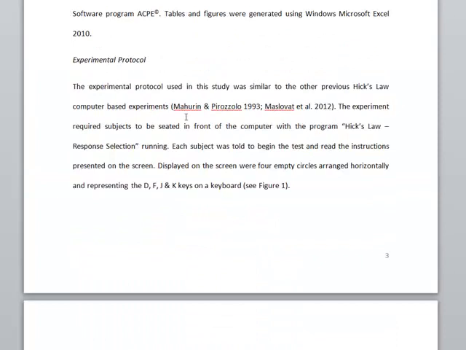The example here we've got in this first sentence says the experimental protocol used in this study was similar to other previous Higgs law computer-based experiments, and it's got two different studies that have used similar computer-based programs. The idea behind doing something like this is to have the reader feeling or showing that you haven't just made up some program that's not a valid method to assess the experiment that you're actually trying to assess.